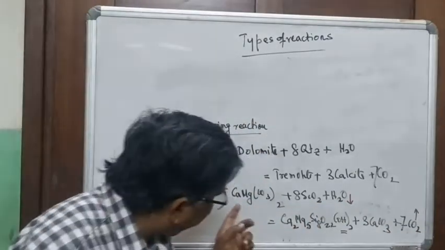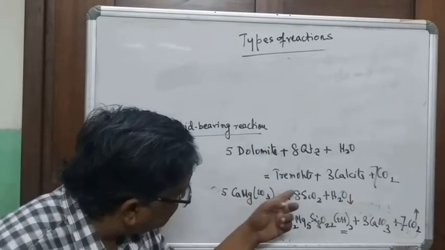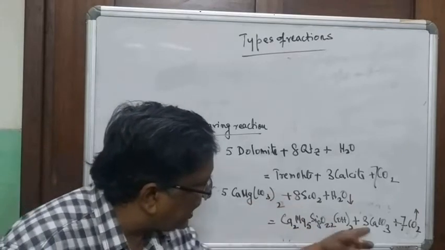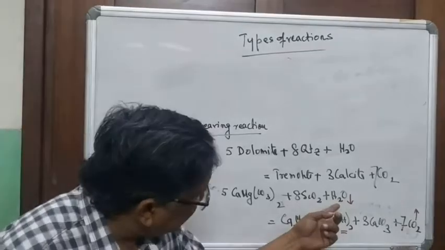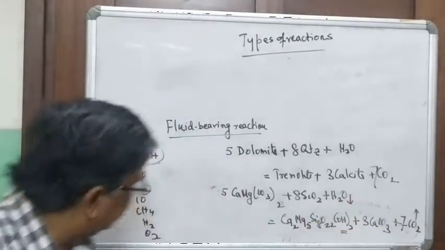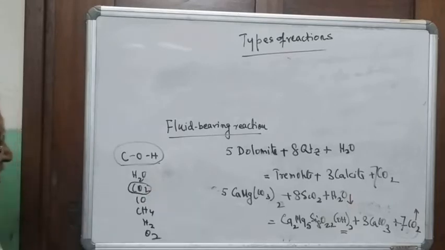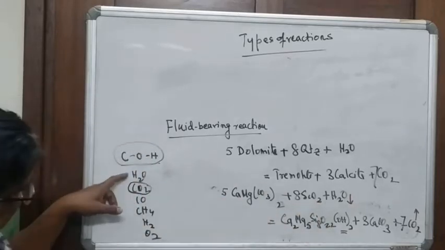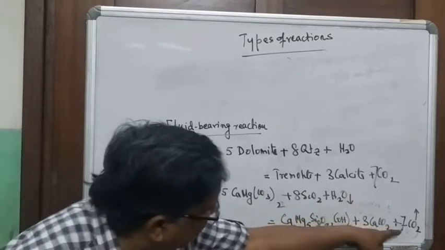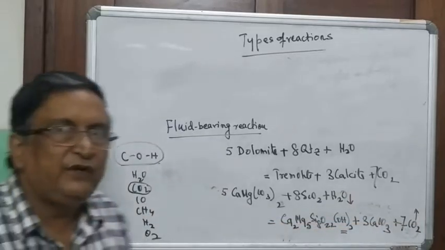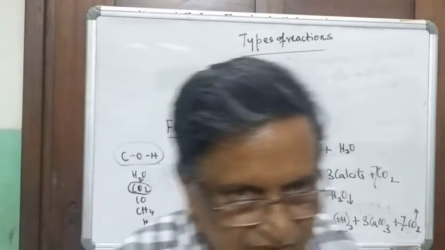So if the reaction goes dolomite plus quartz gives you tremolite plus calcite, then it is H2O consuming, CO2 liberating. So the H2O-CO2 ratio in the fluid is changing because it is decreasing H2O content and adding CO2. So the composition of the COH fluid phase is changing because of the reaction.